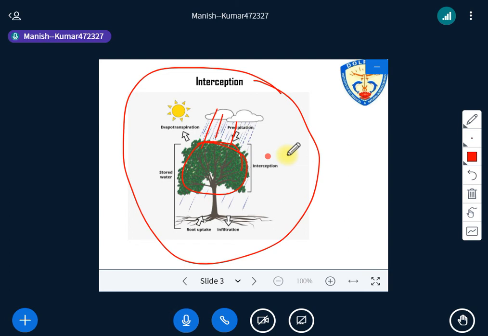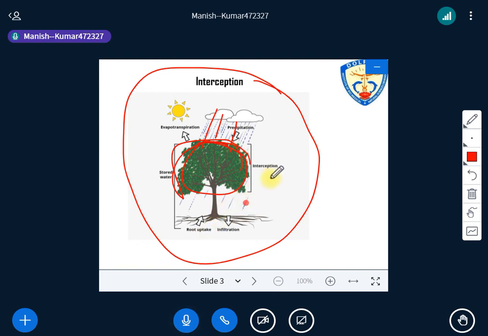So that is interception. Vegetation has the same role here, isn't it? We have precipitation, and this crown, or a stand of canopy, has to intercept the path of precipitation before the precipitation reaches the ground, right?